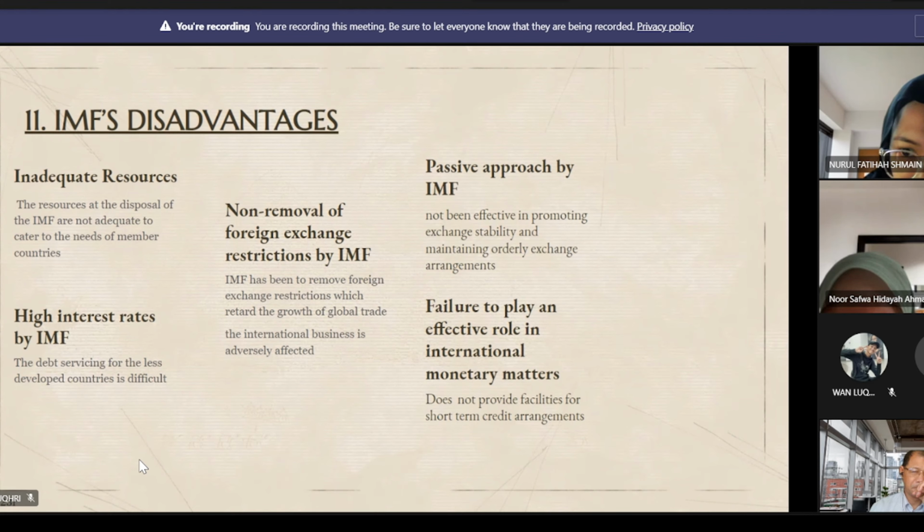And not being effective in promoting exchange stability and maintaining orderly.